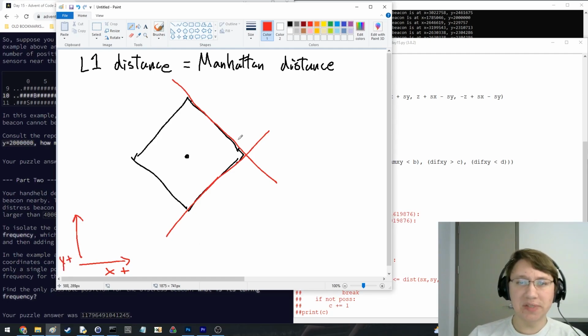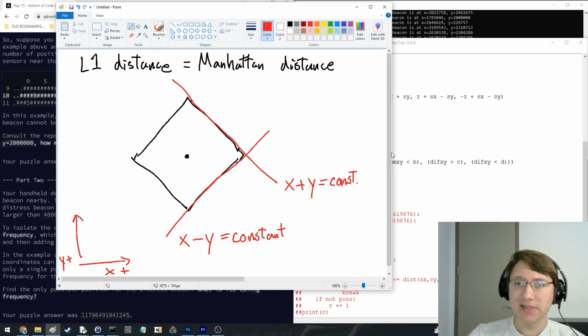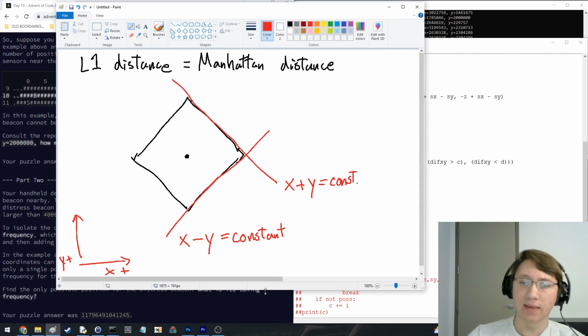So if we go up this diagonal, we're increasing x and y by 1 each time. So what's actually true is that the difference x minus y is going to be constant. This is just a special fact about diagonals. And this other line, whenever we increase x by 1, we have to decrease y by 1. So this is actually going to be x plus y equals constant. And you can specify every diagonal in this way.